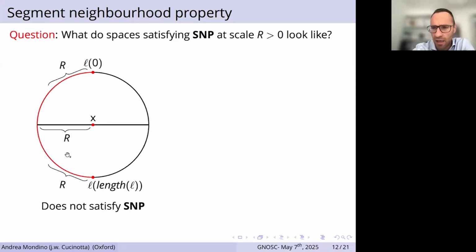Because we surely have a segment of length less than 2R, which is this red part here. But we have one point, which is the center of this circle, X, which is at distance R from this segment. It projects in the middle of the segment, but is not closer than R over 100. So these kinds of spaces do not satisfy the segment neighborhood property.